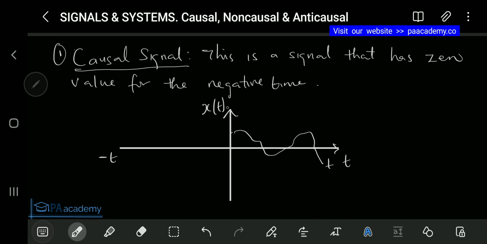For this particular signal, it has zero value for negative time. That means on this side there is no value. That's basically what a causal signal is.